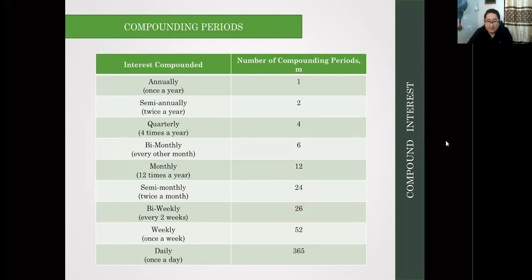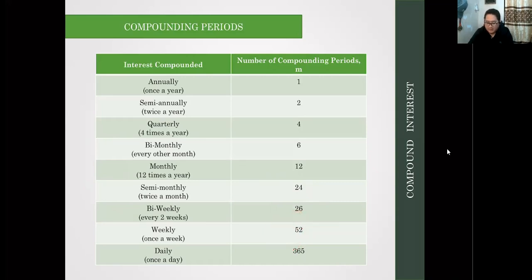Then we have bi-weekly, meaning every 2 weeks, similar to bi-monthly, so 26. Let me verify, but 26 is what's written, which is correct, since the total weeks in a year is 52. Then weekly, once a week, 52, and daily, once a day, so 365.